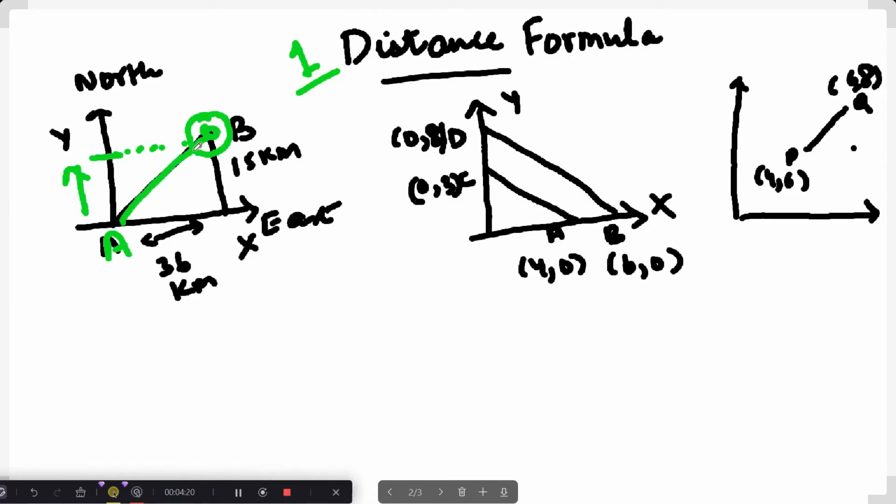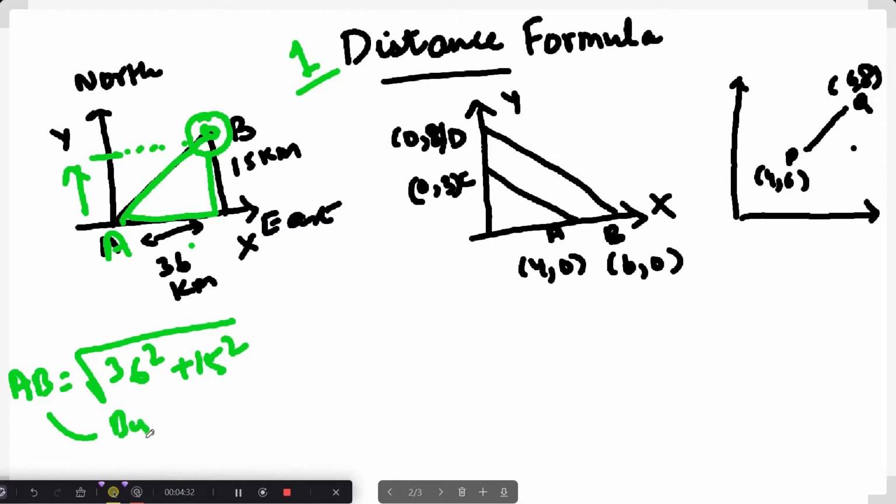So what is the distance between these 2 points? We know by Pythagoras theorem, AB is the square root of 36 square plus 15 square, which we have already studied, right?